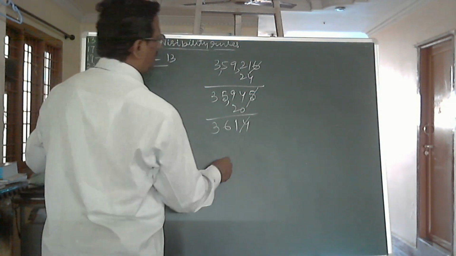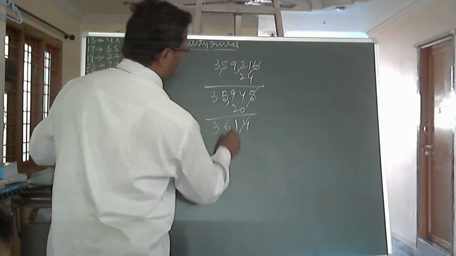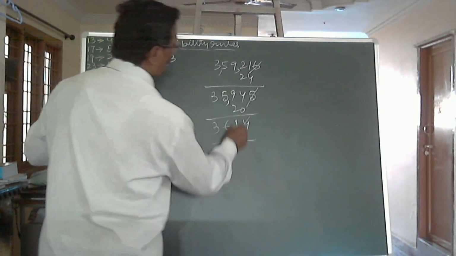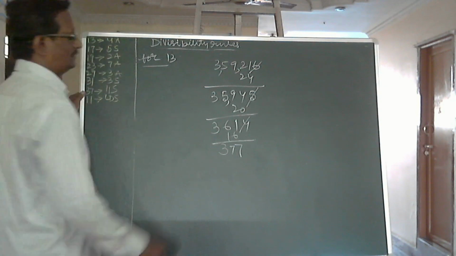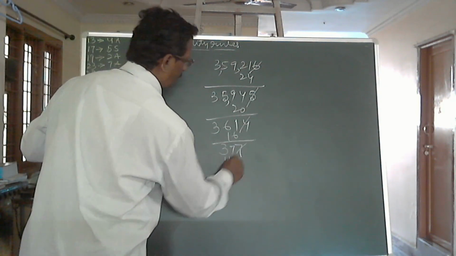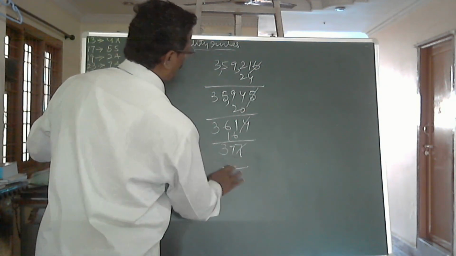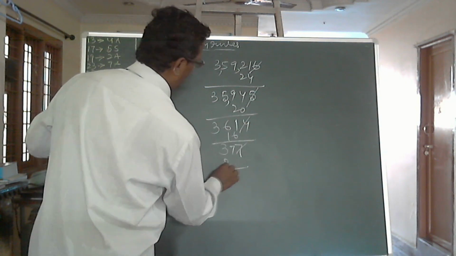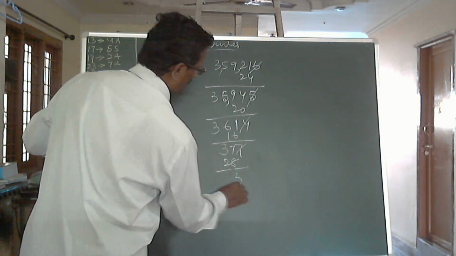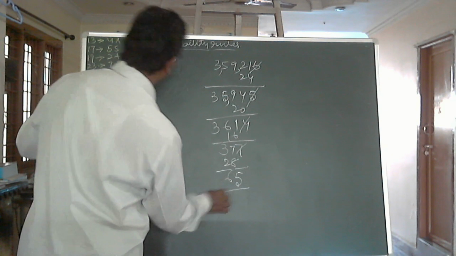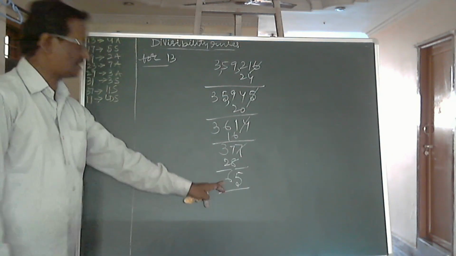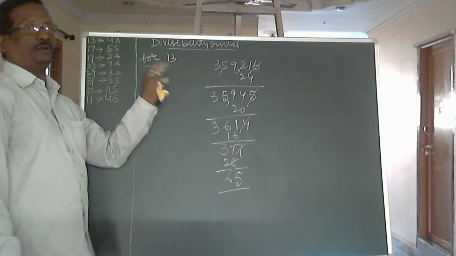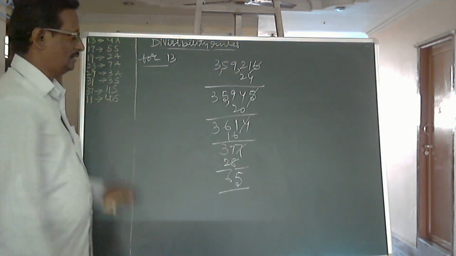Again, cut this and 4 times. 4 fours are 16. 7, 377. Cut this, 4 times 7 is 28. Add this. 15, 65. Is this 65 divisible by 13? If 65 is divisible by 13, the whole number is also divisible by 13.